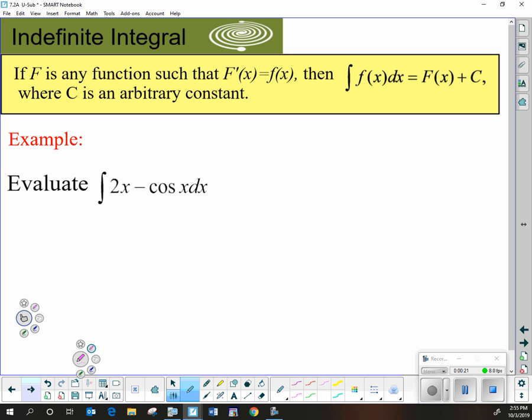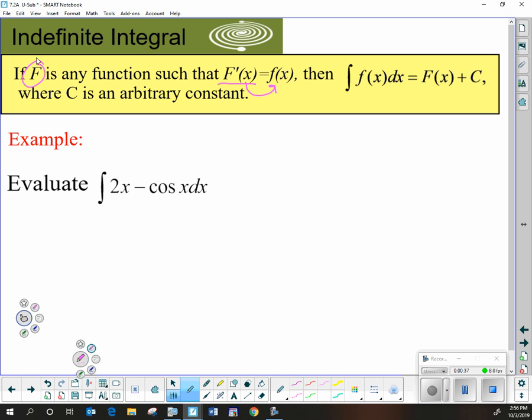So this first one is talking about if f, capital F, is a function such that the derivative of capital F gives us little f. So we can see the relationship between big F and little f.